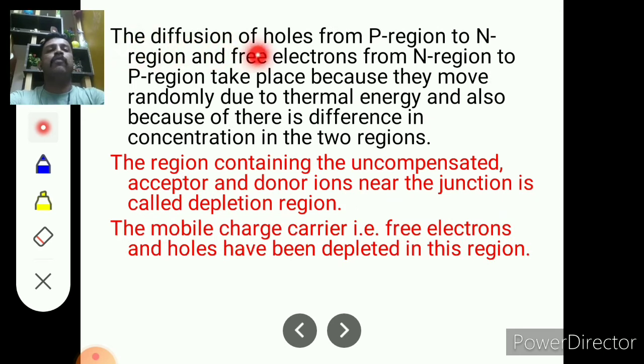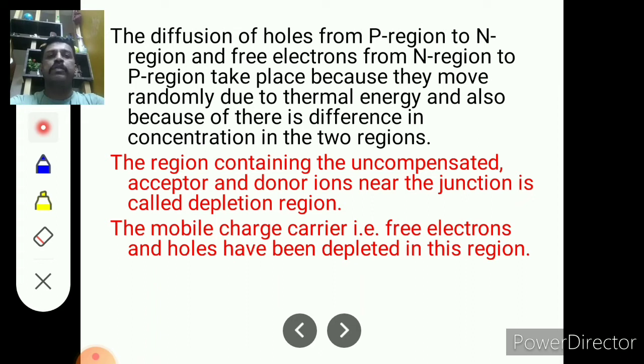The diffusion of holes from the p region to the n region and of free electrons from the n region to the p region takes place because they move randomly due to thermal energy, and also because there is a difference in concentration of the two regions. So diffusion is a process that takes place in two different ways. First, due to higher concentration: in the p-type semiconductor, holes are the majority carriers, so they diffuse into the n region.